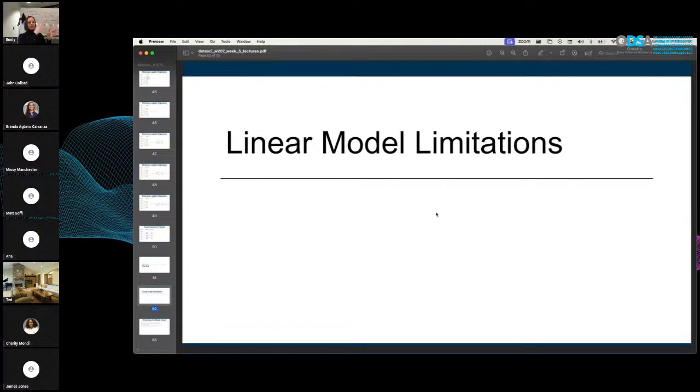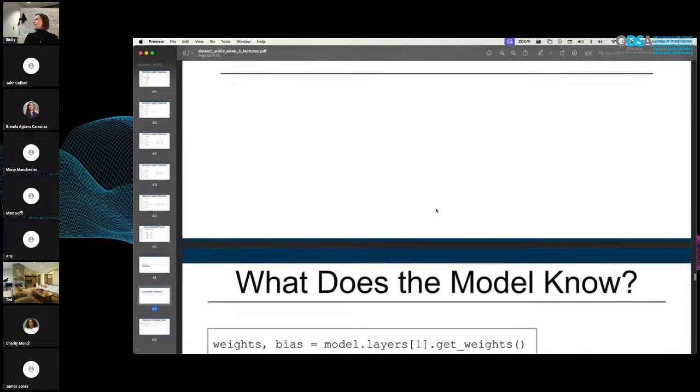A linear model doesn't look at the relationship between each of those features. It just looks at each feature independently and decides the output or impact it's going to have on that data set. It's kind of hard to wrap your head around that.